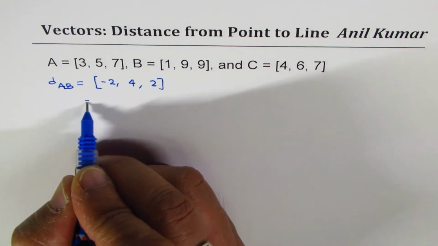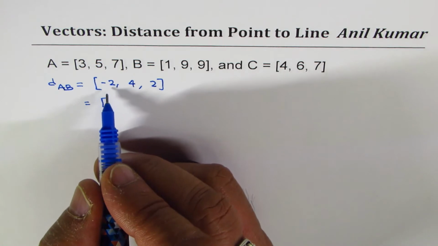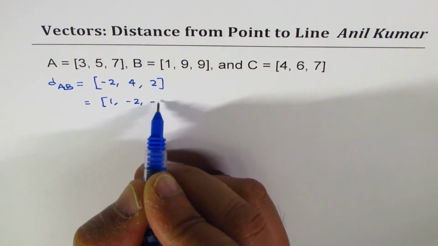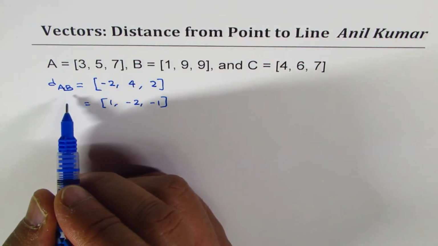We can factor out minus 2, which we did last time. So it is 1, minus 2, minus 1, correct? That is the direction AB.